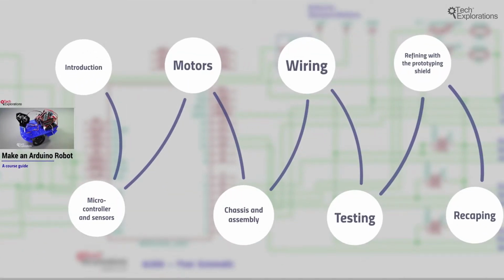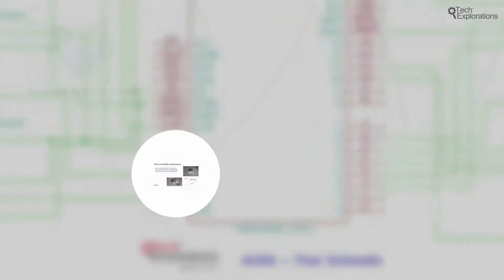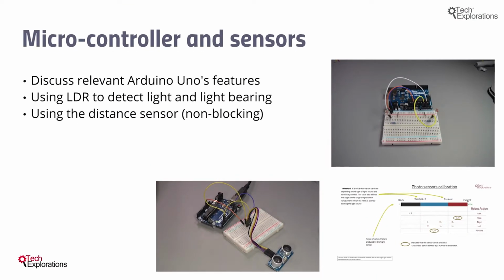And then we'll move on to the second section, which is the one on the microcontrollers and sensors. So that's the section where first we'll have a look at the features that make the Arduino Uno a very good option for using in building a robot like the one in this course.